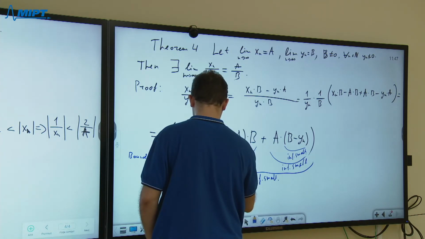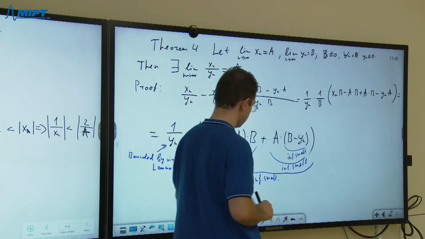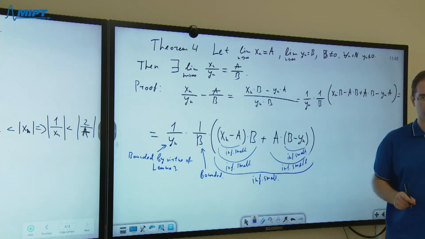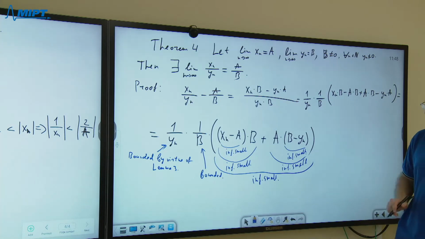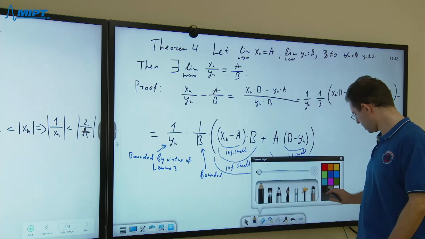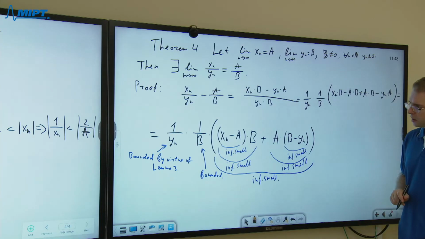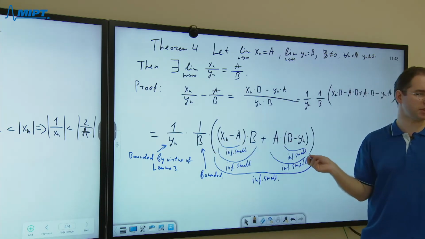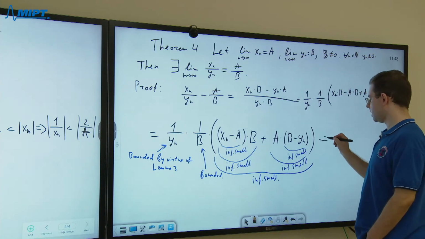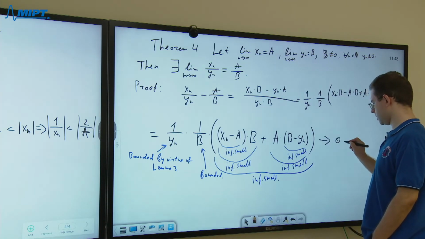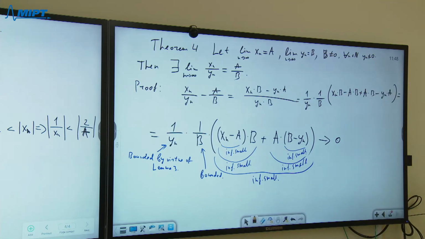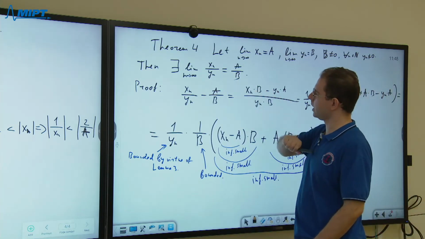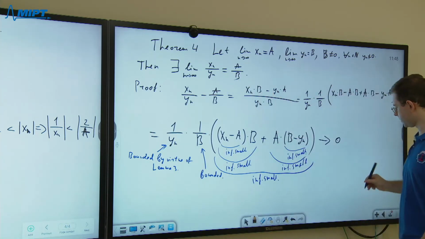Okay, bounded. So we have a bounded sequence times an infinitely small sequence. This is also an infinitely small sequence. Hence, the sequence xn divided by yn tends to a divided by b. End of proof.